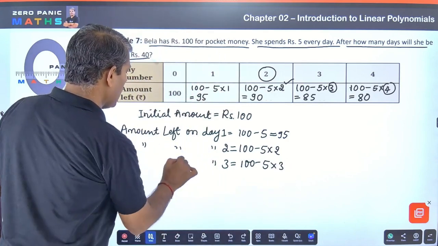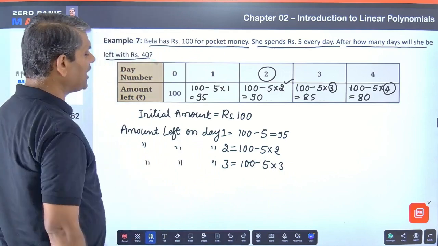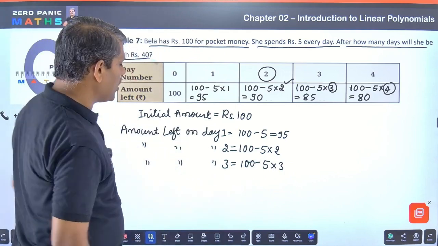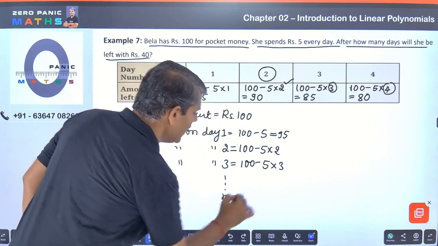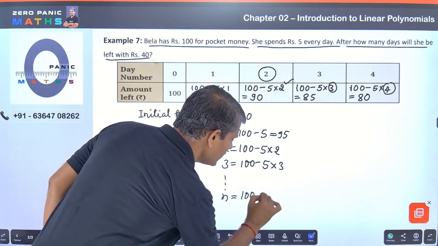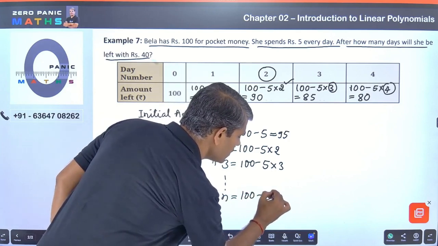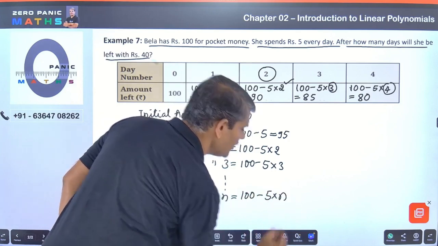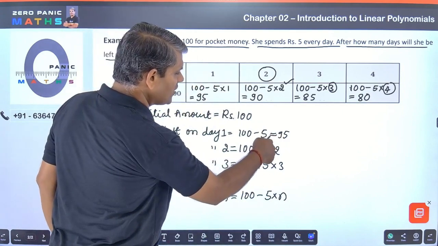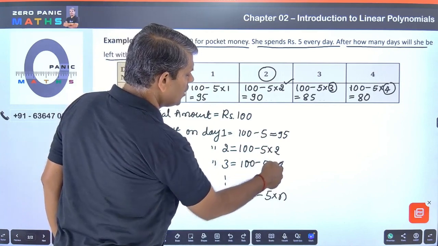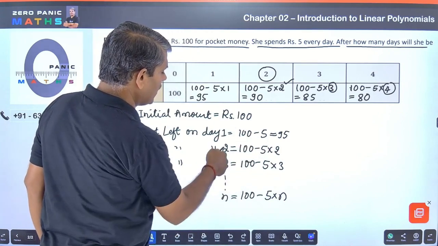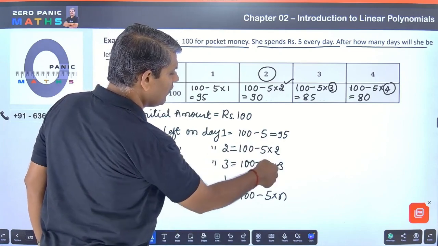Now if you observe here, there is a pattern going on: on the nth day it is 100, which is constant, 5, which is also constant, and n, which is increasing from the first day to the nth day. On the first day 5 into 1, on the second day 5 into 2, third day 5 into 3.